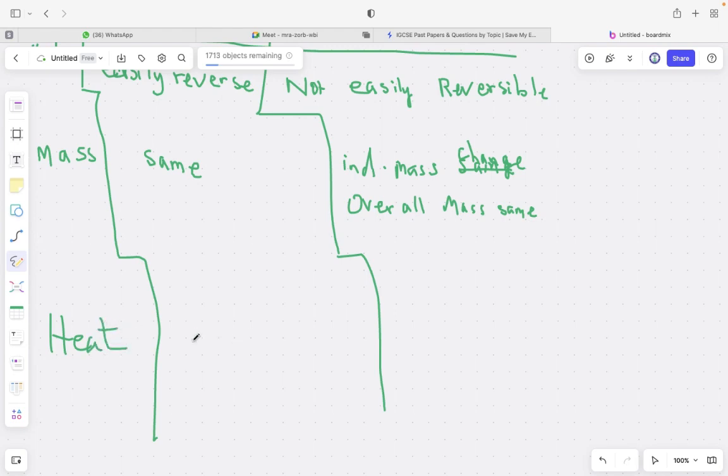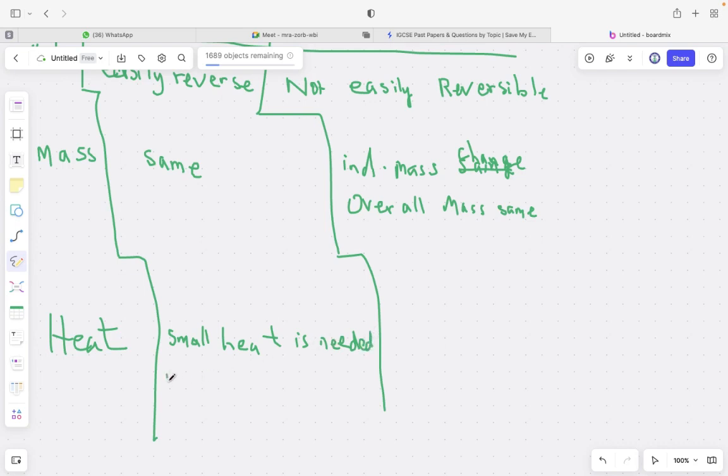Only a small amount of heat is needed or produced. A small amount of heat is needed if the reaction is an endothermic reaction, and produced if the reaction is an exothermic reaction. We're going to explain endothermic and exothermic reactions.